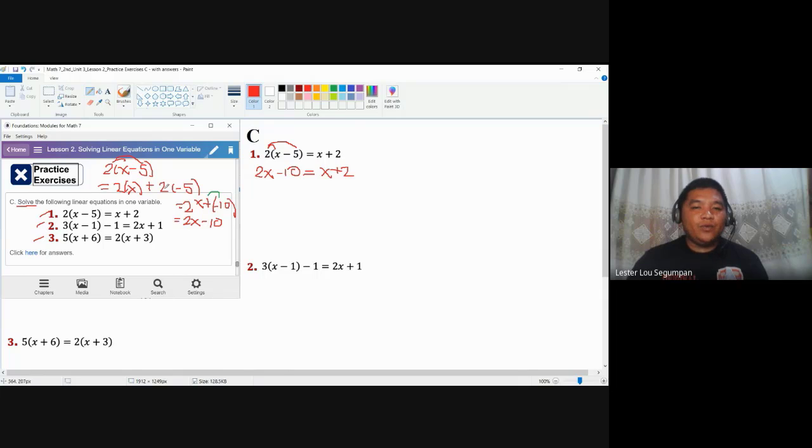Now, as you can see, even if we have grouping symbols for number one, this is very familiar. This is similar to the examples we had in the previous practice exercise. So we simply use here the properties of equality. For some of you who are familiar with the technique of transposition, if you want, you may do that. Just make sure that you are following the correct and proper mathematical operations. If you're using your own method that you have discovered or learned from a person who helped you understand the process, you may, again, as long as you're following correct and proper mathematical operations.